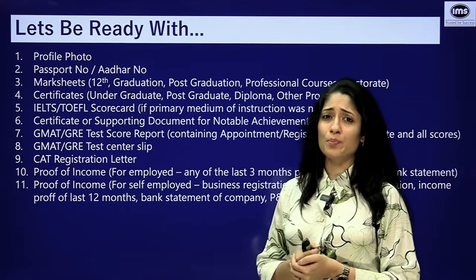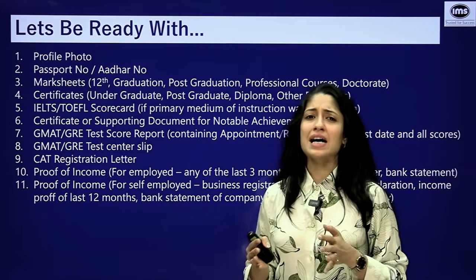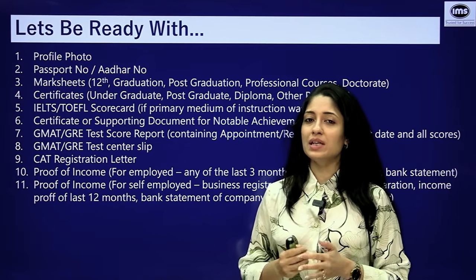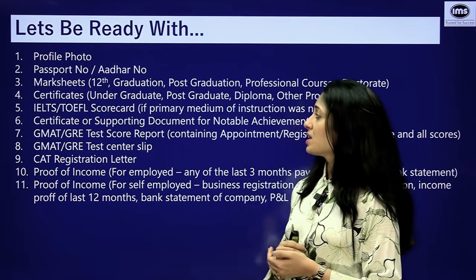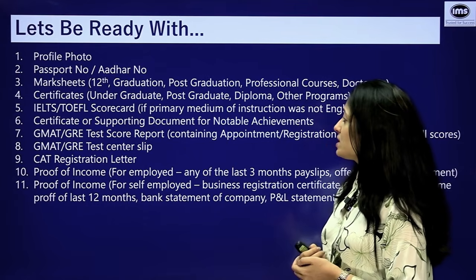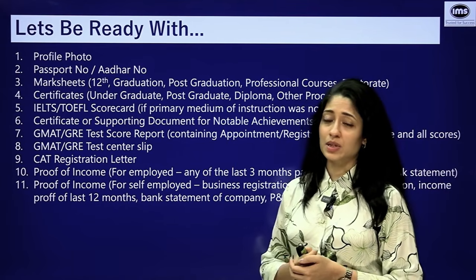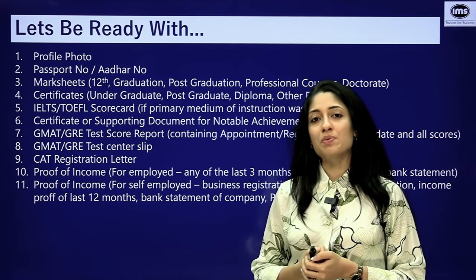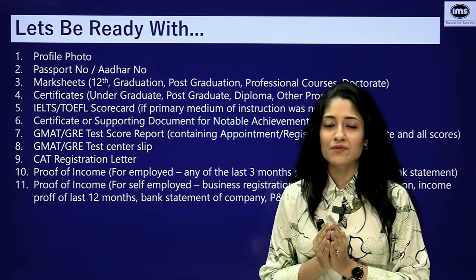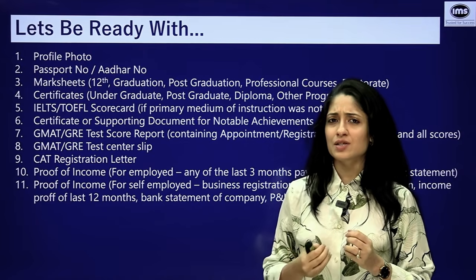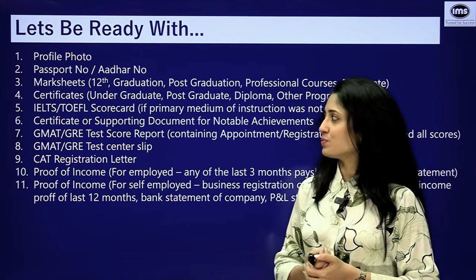In case your primary medium of education has not been English, you will need to also submit your IELTS or your TOEFL scorecard, certificate or supporting documents for notable achievements. So whichever achievements you plan to showcase in your ISB application form, you need to have their proofs as either certificates or any other document given to you.